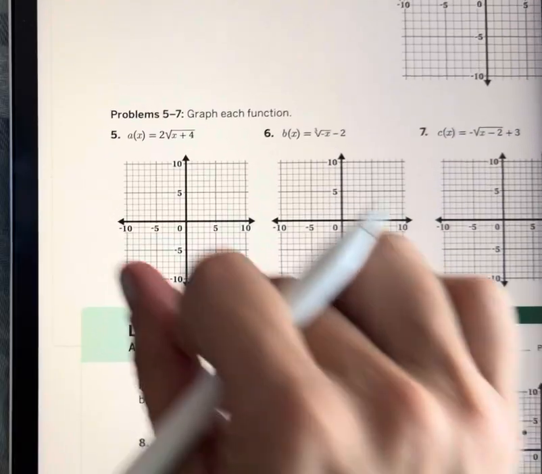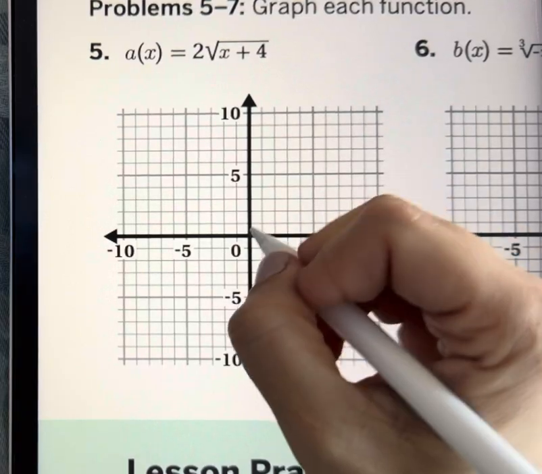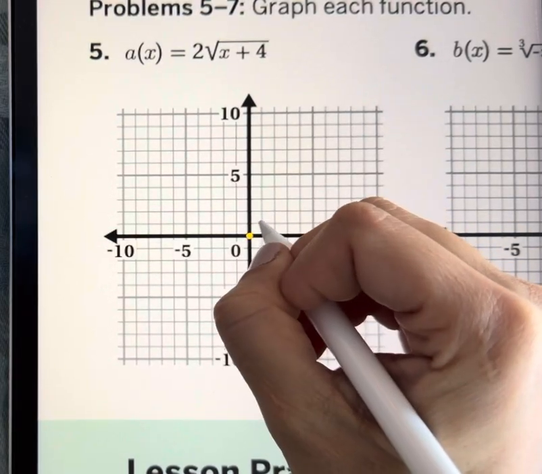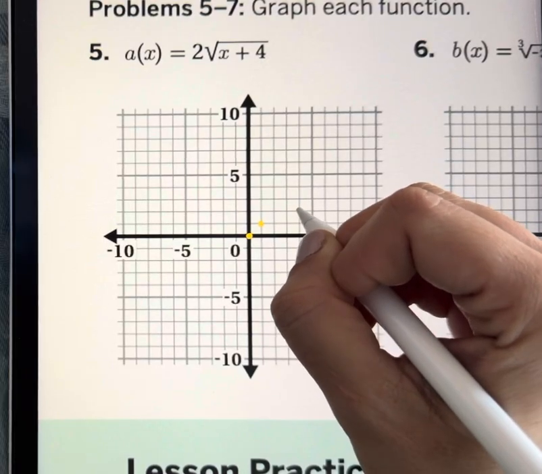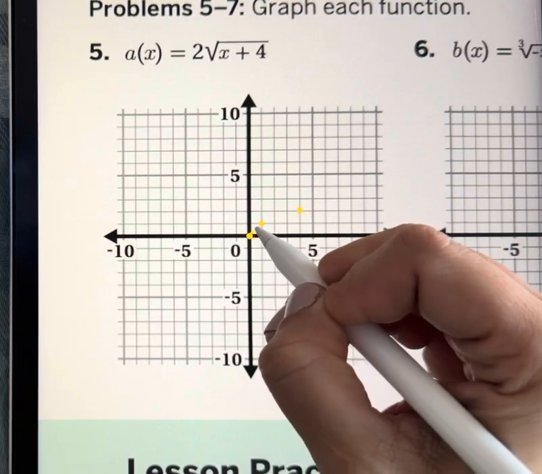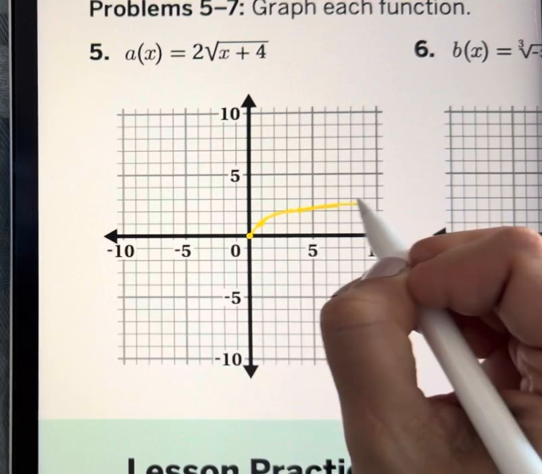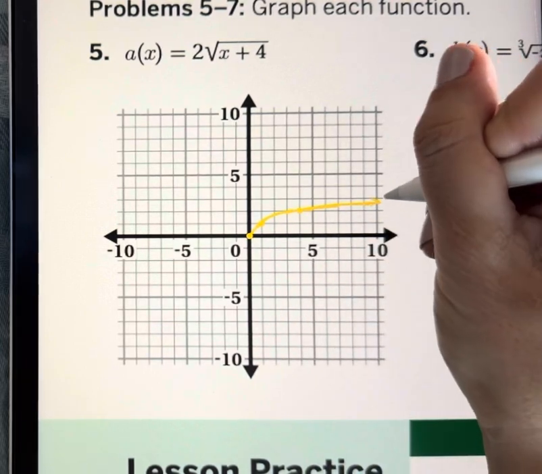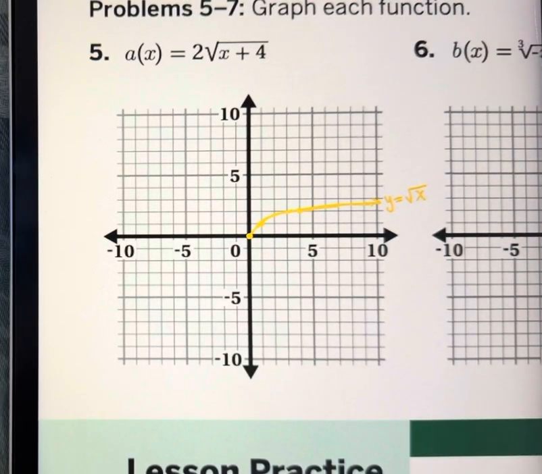Okay, now we're graphing from scratch. Let me show you what I do. If it helps, remember 0, 0, 1, 1, and then 4, 2 are points on the original parent function. This is our original y equals square root of x. So what do we have?